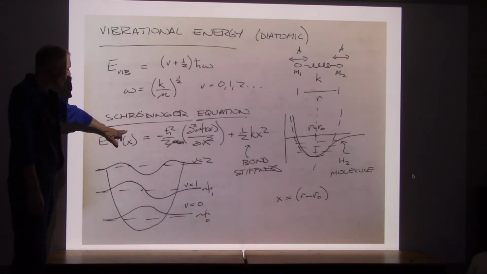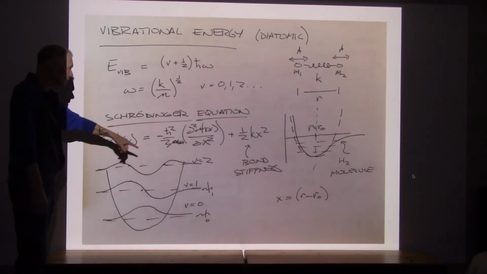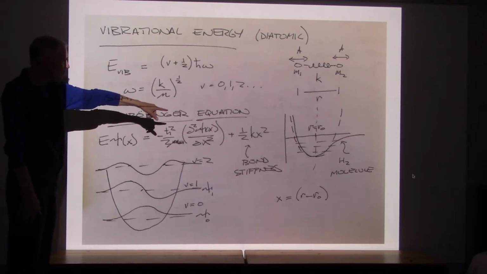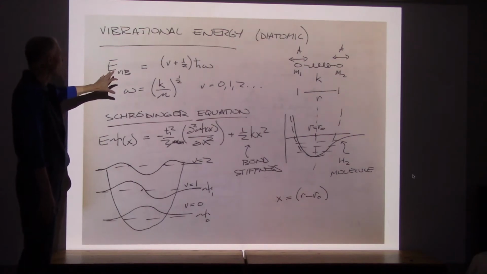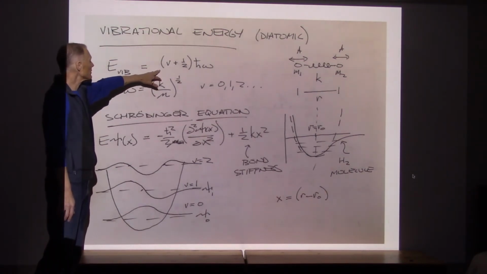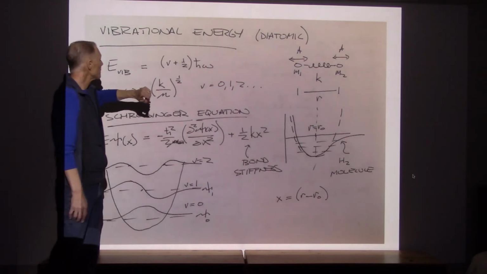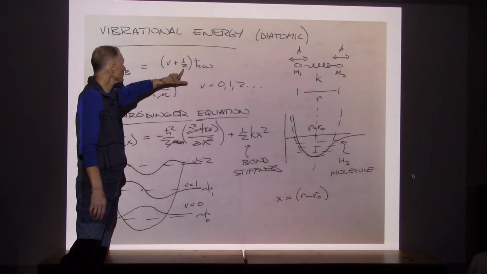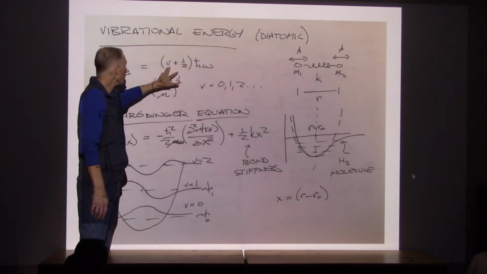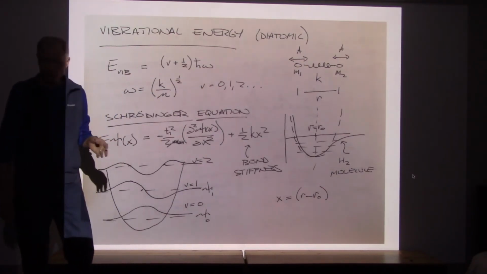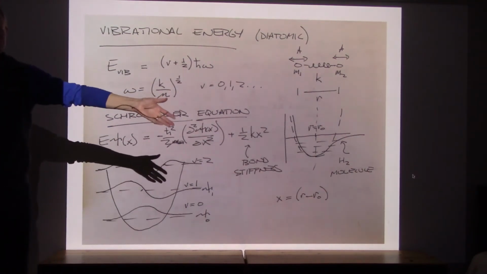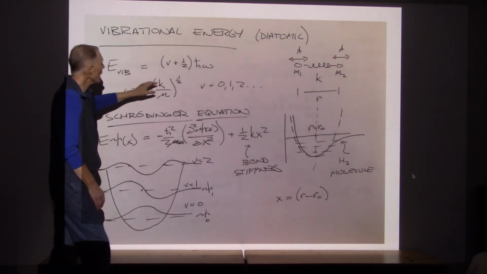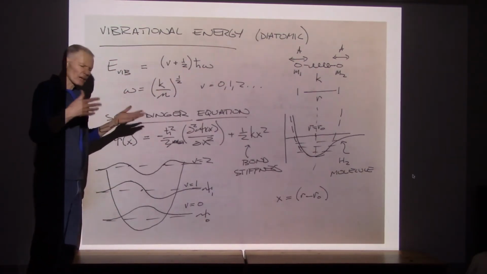It turns out that when you solve the Schrodinger equation for a parabolic potential energy, what you end up with is a series of quantum states that have the energy, well, this is the common way we write it, (v + 1/2) times h bar omega, where v takes on any positive integer value, 0, 1, 2, 3, and the omega that we've written here is sort of the equivalent.